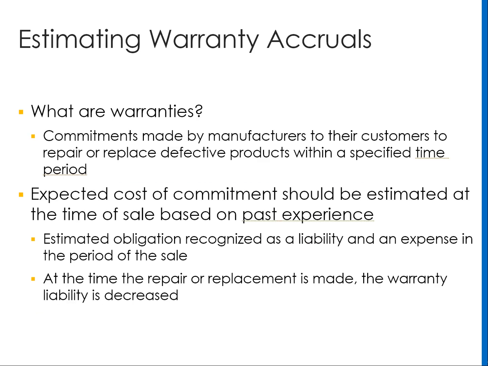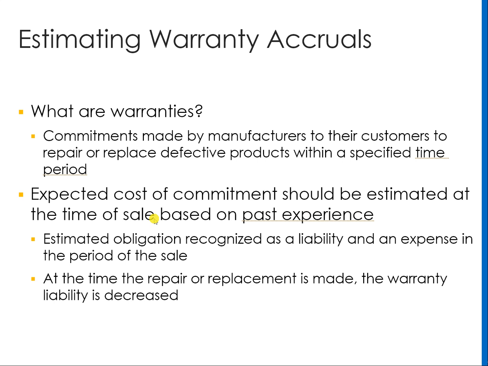An example of contingent liabilities is warranties. Right, to record the contingent liabilities, we're going to estimate the cost of this commitment at the time of sales. So the warranty may be effective for 3 years, 3 years factual warranties.